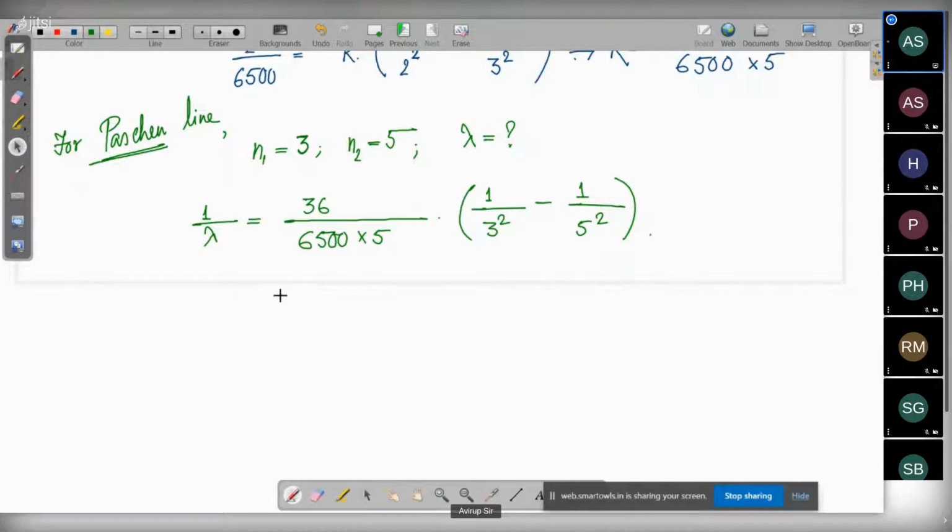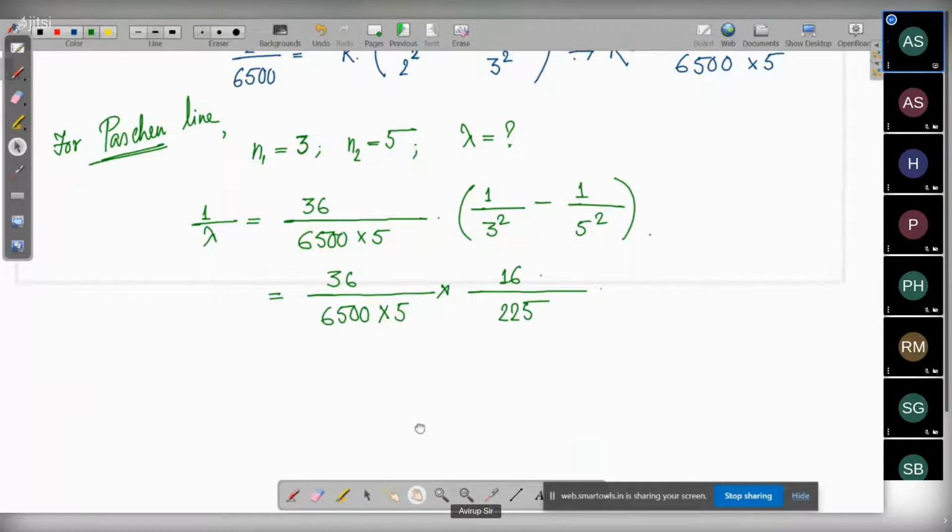So that is basically 36 by 6500 into 5 into, this is 9 and 25, the LCM will be 225, and 25 minus 9 is equal to 16. So 16 by 25.